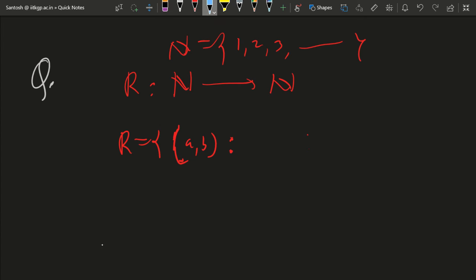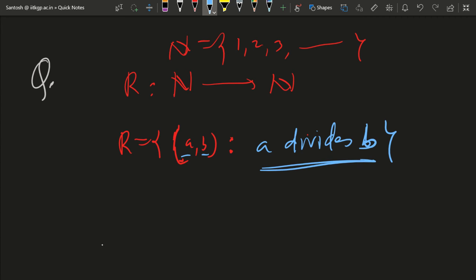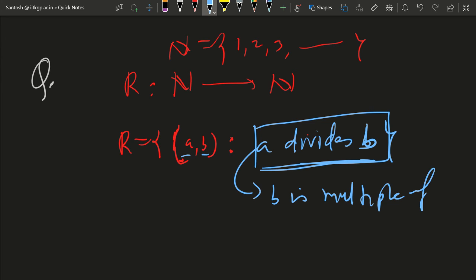I may write a divides b. This is the relation. So a and b are two natural numbers, and a will be related to b if a divides b. So a divides b means b is a multiple of a. Writing this is the same as writing b is a multiple of a. So question is, is it reflexive?